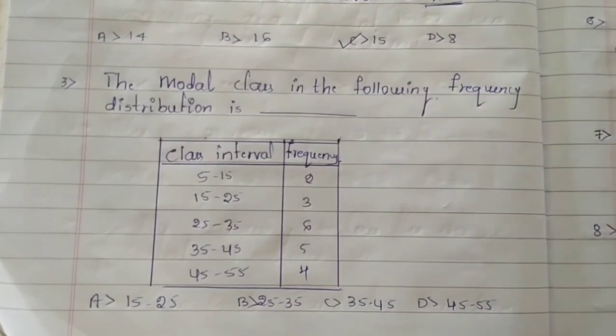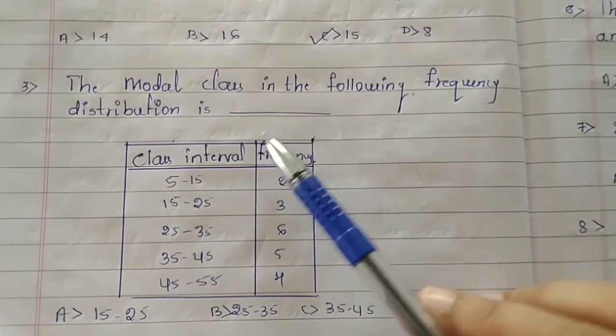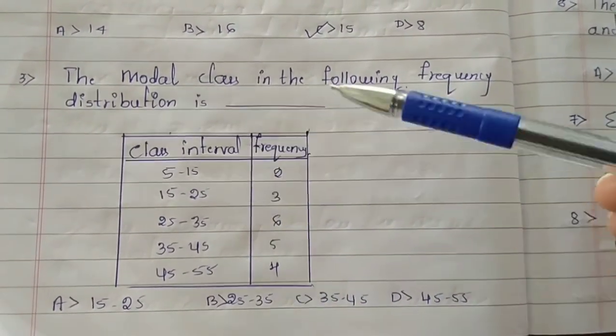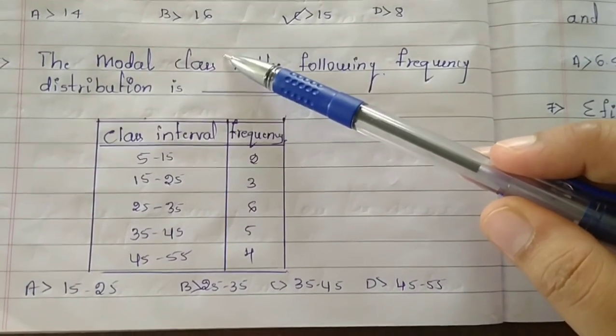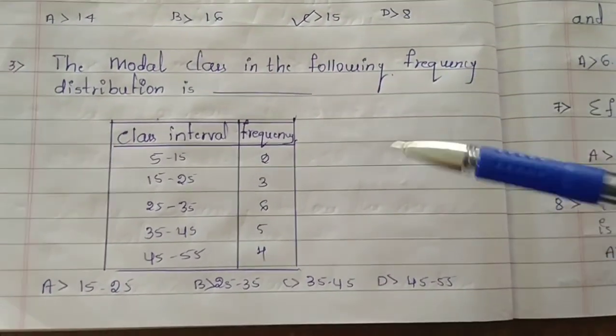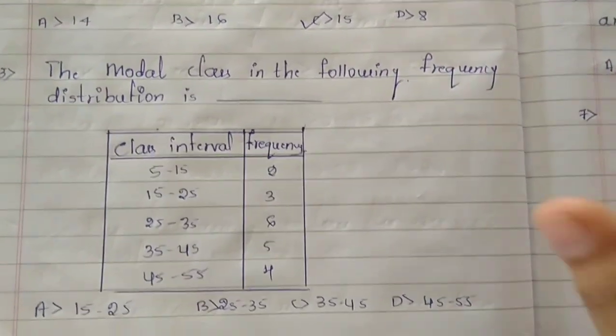The modal class in the following frequency distribution is dash. Here the class interval and frequency are given, so you have to find the modal class. What is the modal class? Modal class is nothing but the class with the highest frequency.